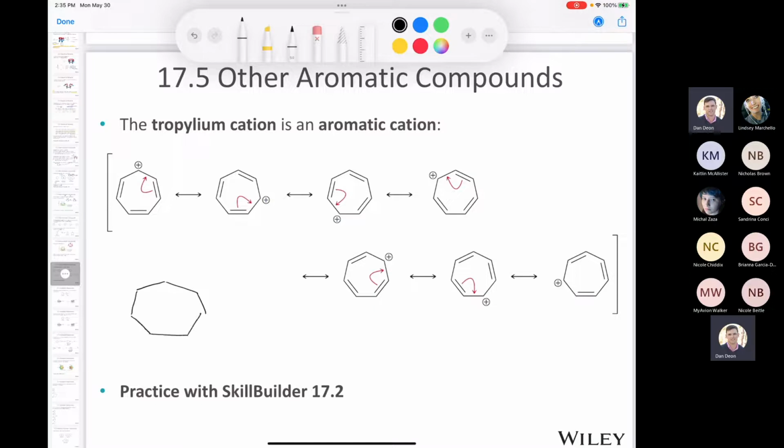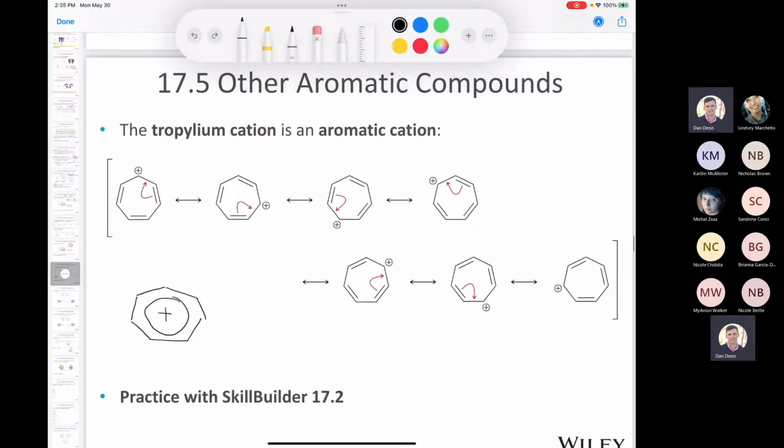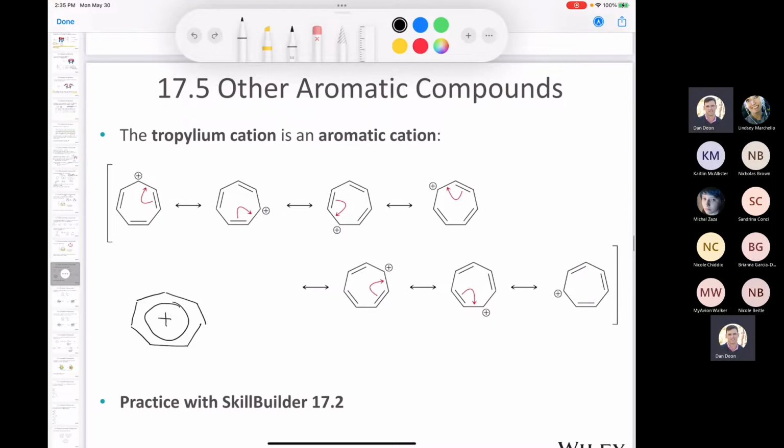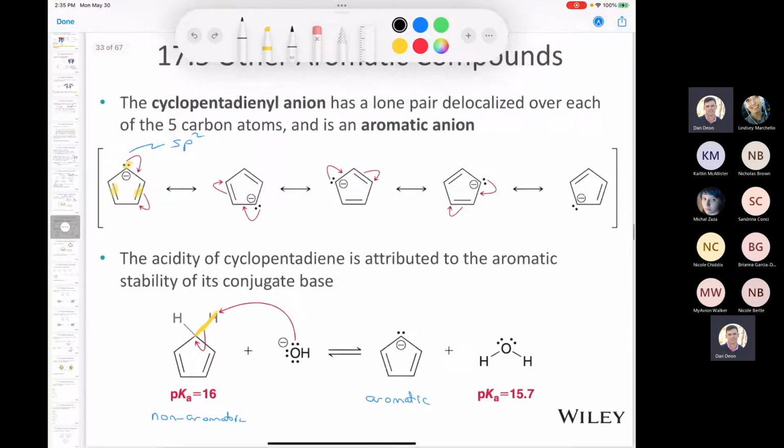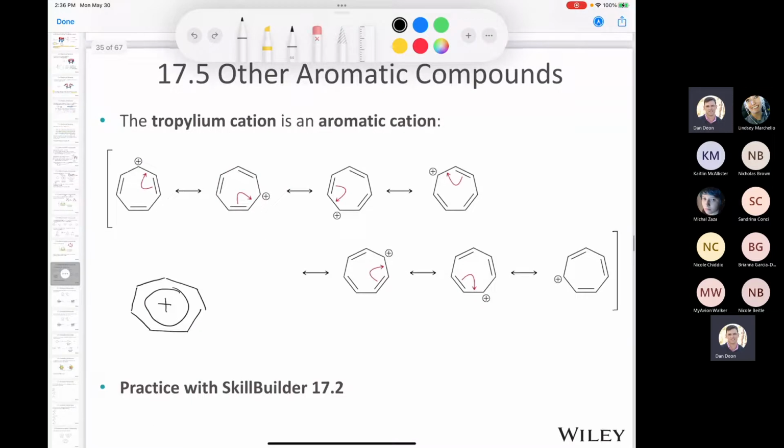You can draw a resonance contributor, but every once in a while you'll see it drawn like this with a positive charge in the center. I don't like that. I like to just draw a resonance contributor and move on with my life. I find that much simpler. So there you go. Those are 2 specific ions that I want you to know. I want you to know the cyclopentadienyl anion, and I want you to know the tropylium cation.